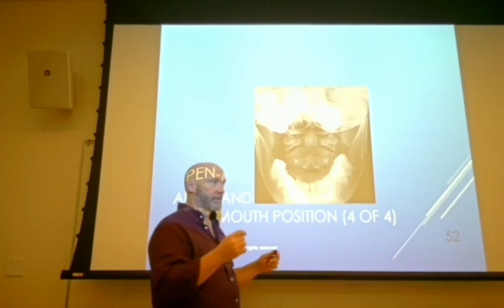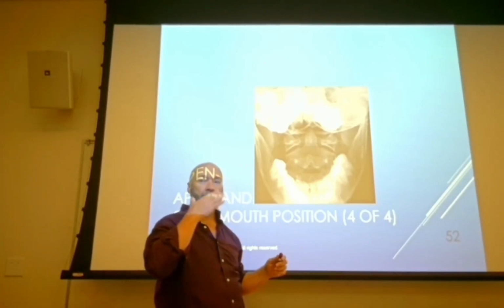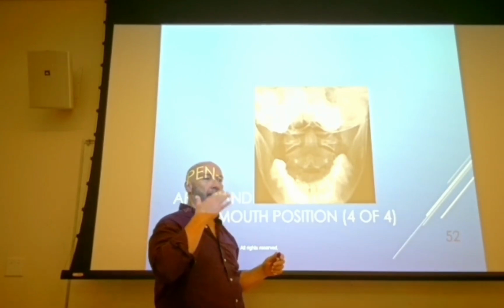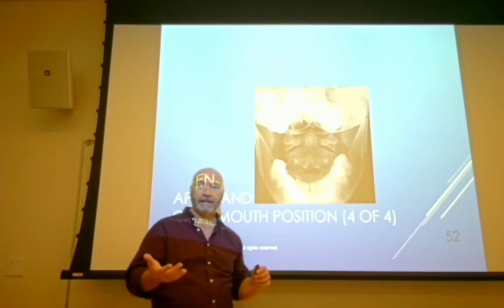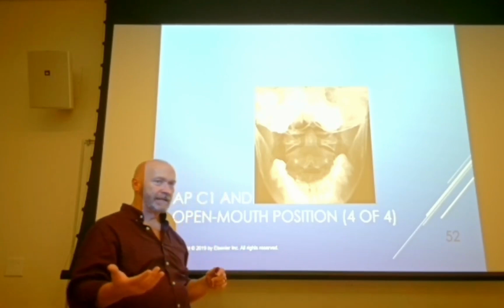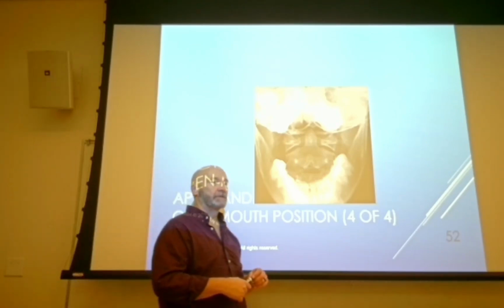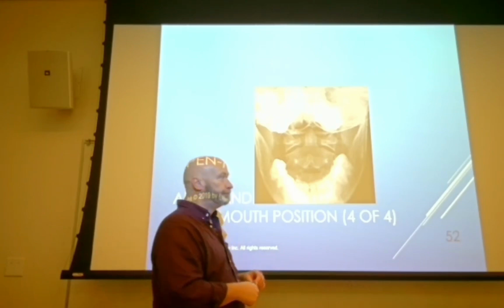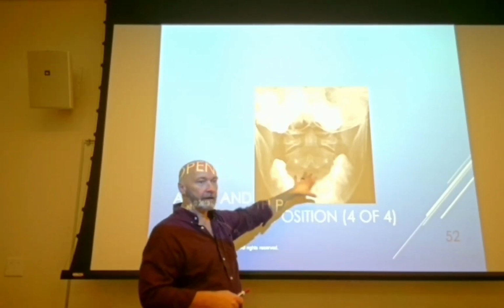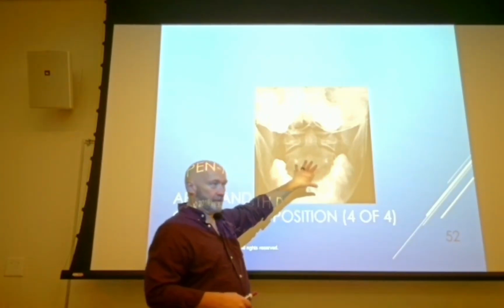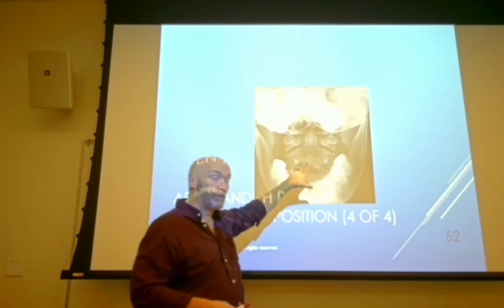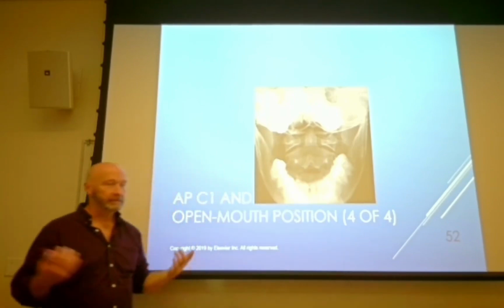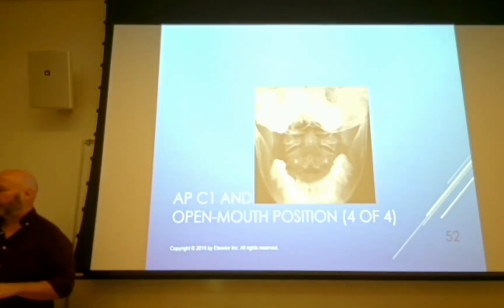You'd have to use a long exposure time, have the patient open and close their mouth over and over again. So if you get at least a 1 second exposure, as long as a 3 second exposure, with the patient just doing a chewing motion, it'll blur most of this out. Okay, so then you can get the entire C1 and C2. You'd probably be able to see all the way down to C7, T1.